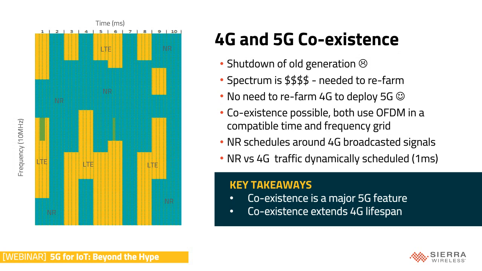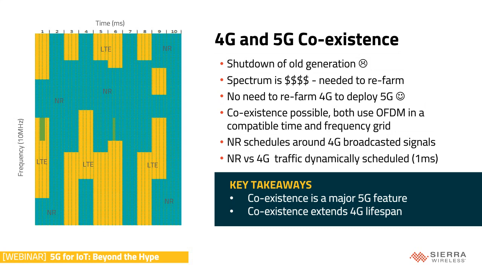But operators really want to move to these new technologies because it gives them the best user experiences, the best performance, also often the lowest cost per bit, which is really important on that very costly licensed spectrum that they're using. So as mentioned, for all the previous generations, the operators had to shut down those older generations to refarm that spectrum. With 5G, refarming 4G is not needed.